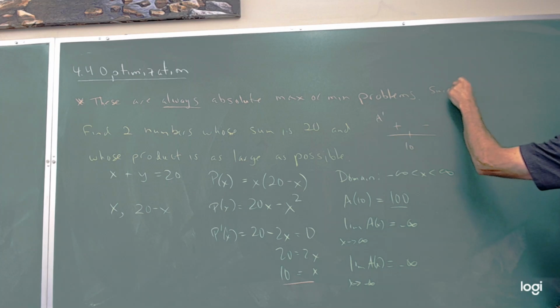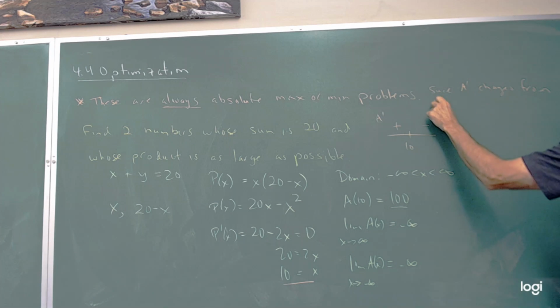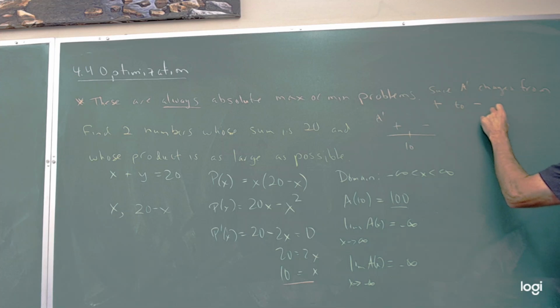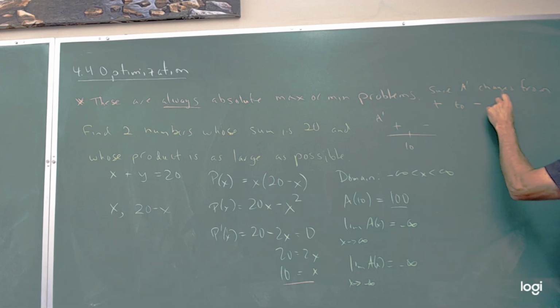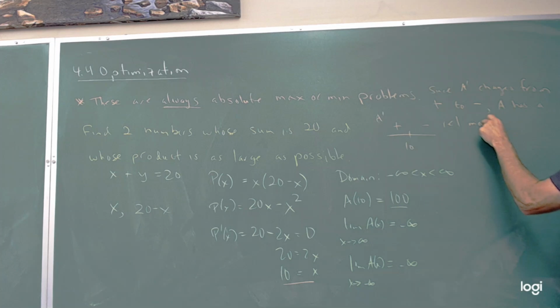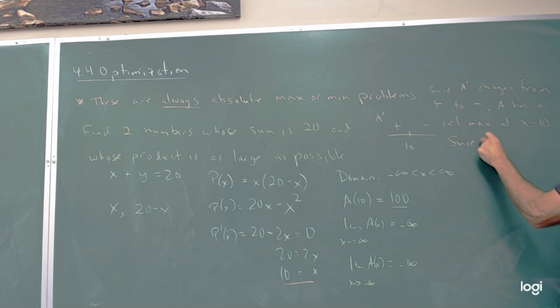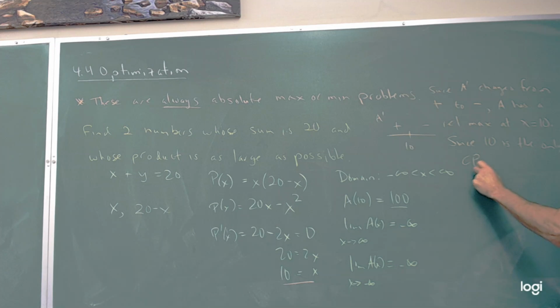So, since A prime changes from positive to negative, and since 10 is the only critical point, A has an absolute max at x equals 10.